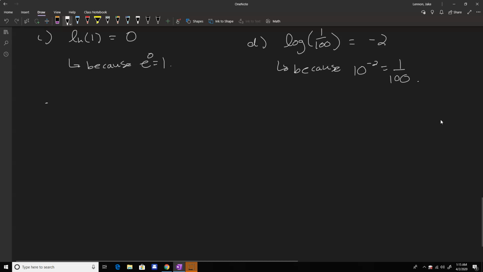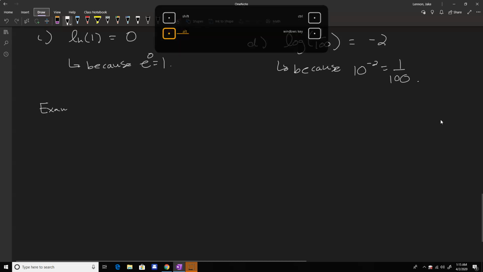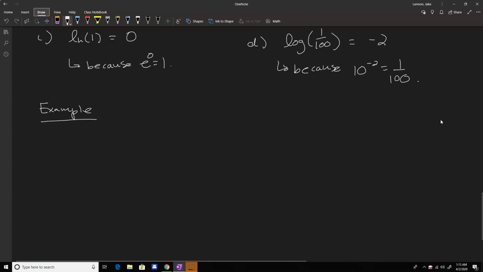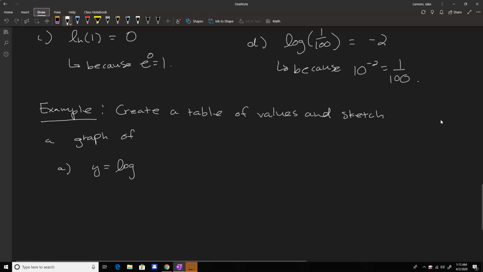So example, create a table of values and sketch a graph of, let's say, a, y equals log base 2 of x, and also b, y equals log base 1/2 of x.